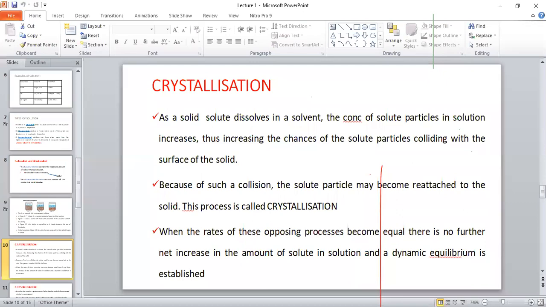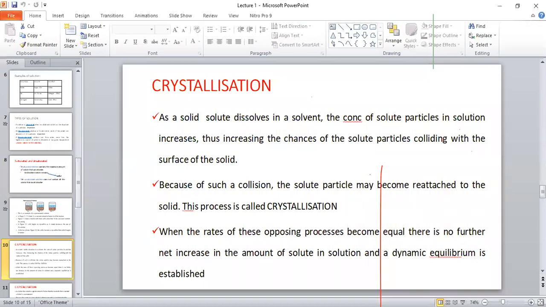So as a solid solute dissolves in a solvent, the concentration of solute particles in solution increases. As they keep on dissolving, more of them are going into solution, and so the concentration of the solute in the solution increases, thus increasing the chances of the solid particles colliding with the surface of the solid.